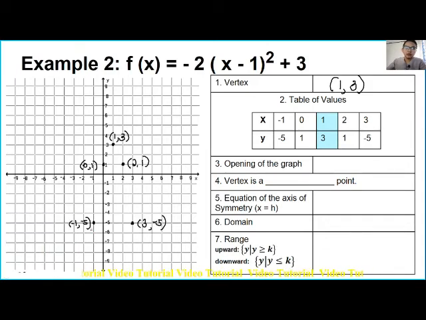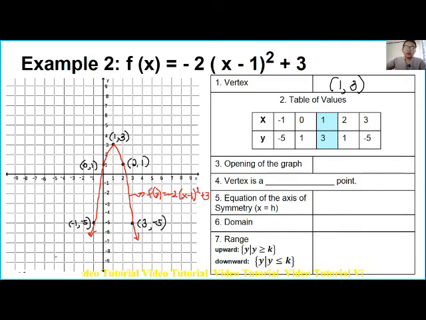So let's connect. We try to make a nicer version of the U because it's so narrow, and then an arrowhead on this side. So this is our parabola, and let us label this as f of x equals -2 times the quantity of x minus 1 quantity squared plus 3.